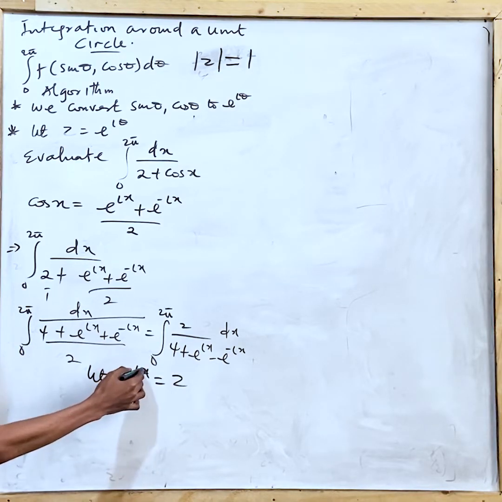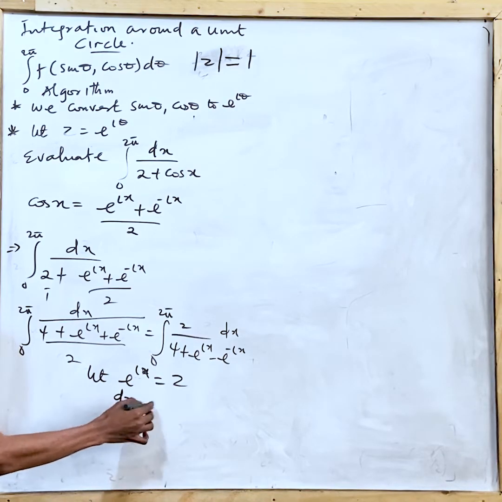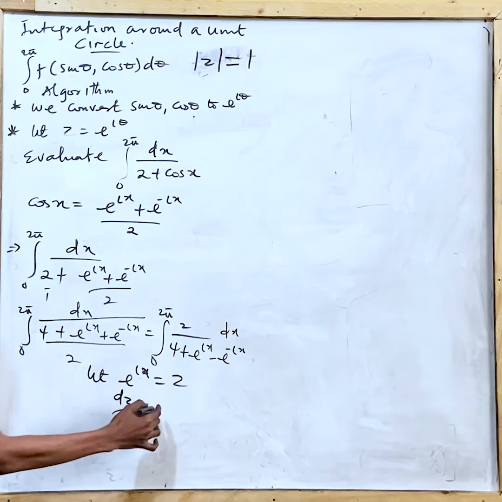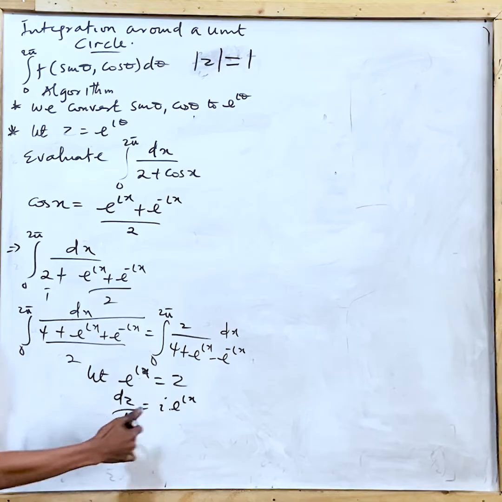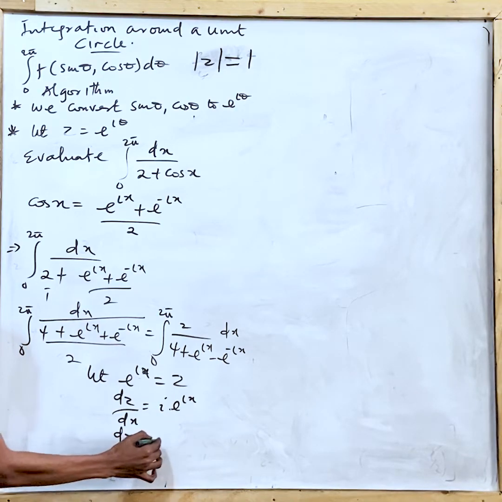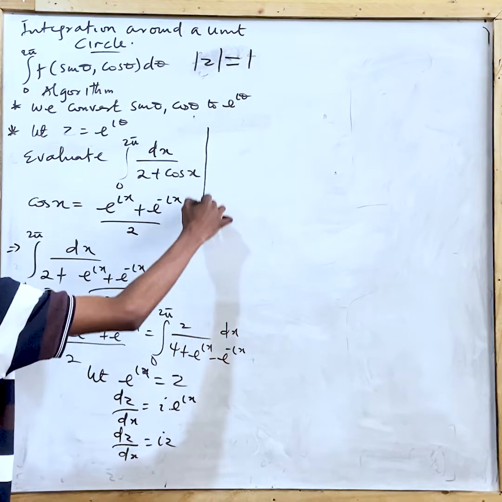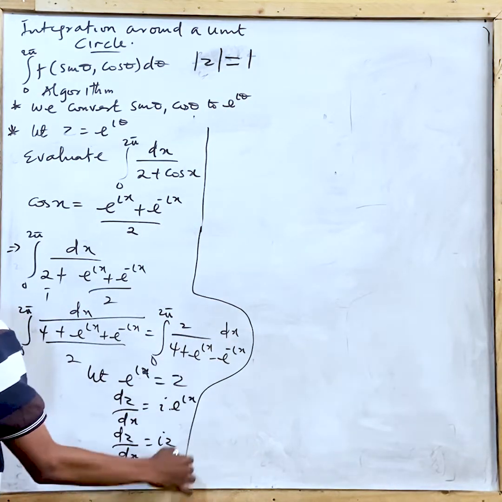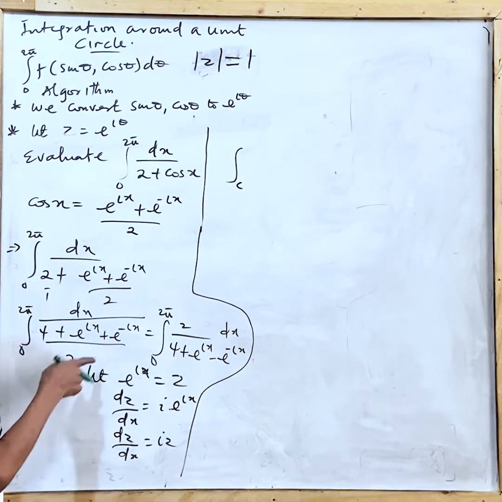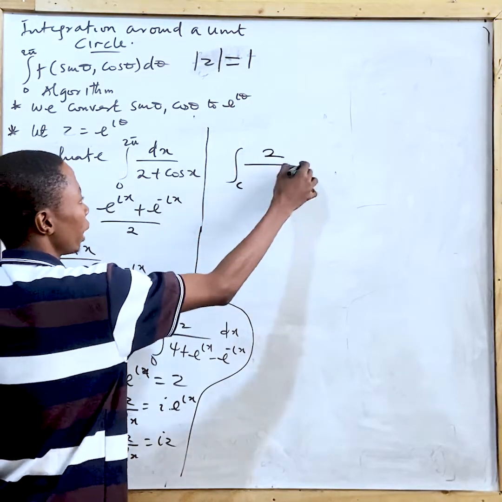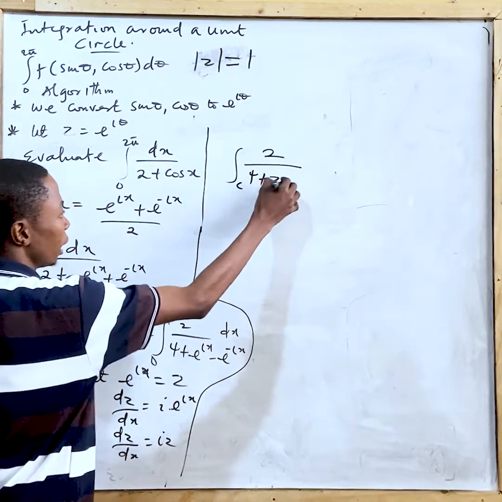So let exponential ix equal z. If I differentiate z with respect to x, dz over dx will be what? i exponential ix, and exponential ix is z. So dz over dx is equal to iz. So this integral that is moving from 0 to 2 pi now goes along C. We are now integrating along C, such that we have 2 divided by 4 plus exponential ix, which is z.